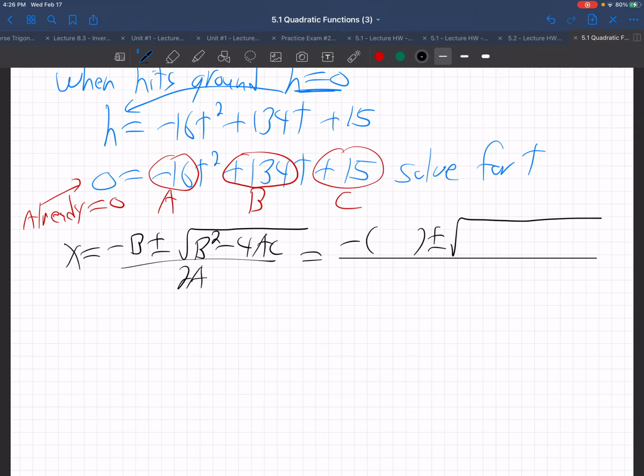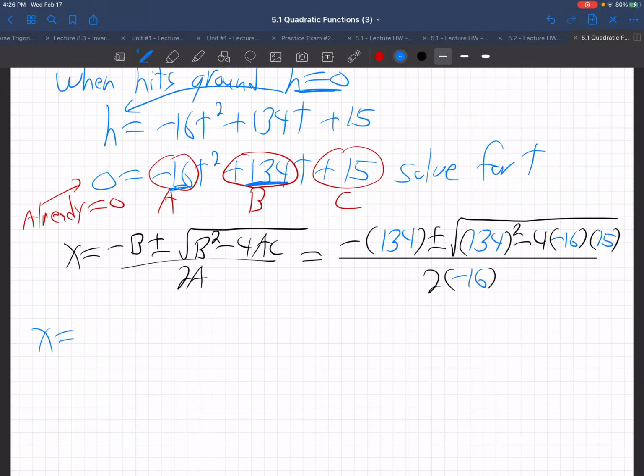Okay, let's plug stuff into it. B is positive 134, a is negative 16, c is 15, and the denominator is 2a, which is again negative 16.